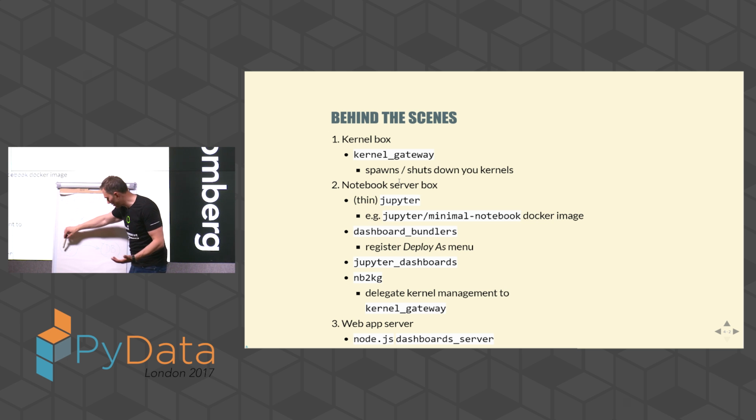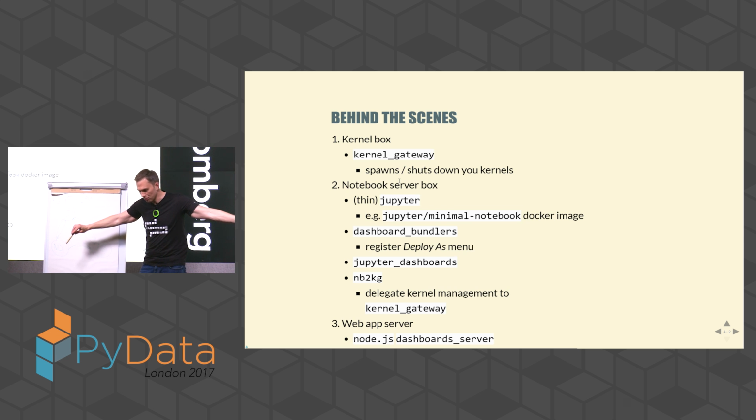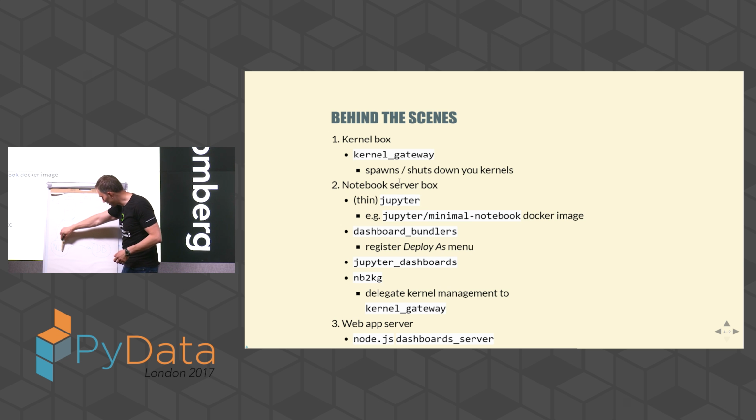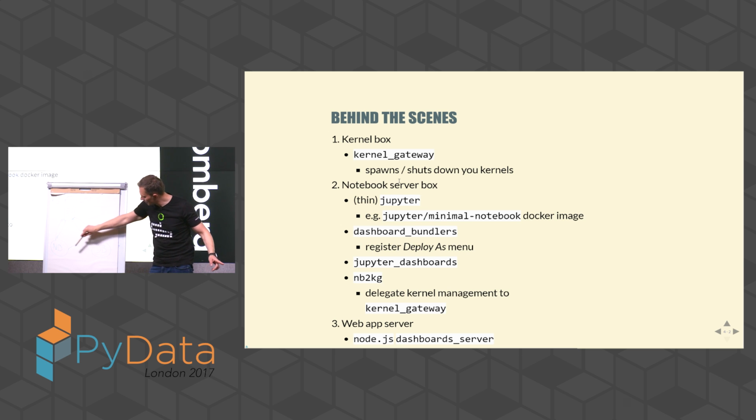Once you are happy with this notebook, and you have Jupyter Dashboards installed as an NB extension in your environment, you publish your notebook to your dashboard server, as I did earlier.